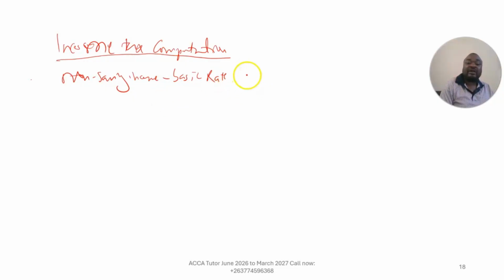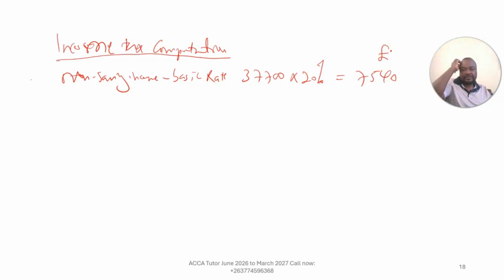The basic rate is applied on the 37,700 multiplied by 20%. That's 7,540. Remember, these are pounds.